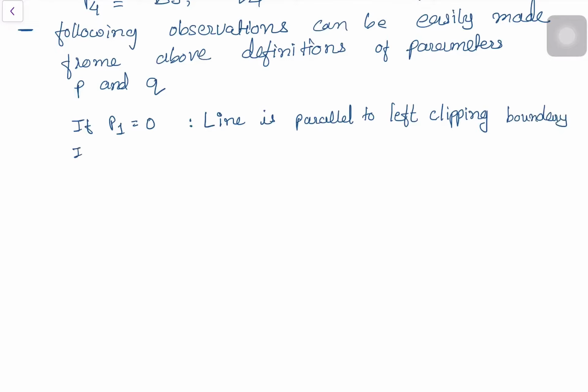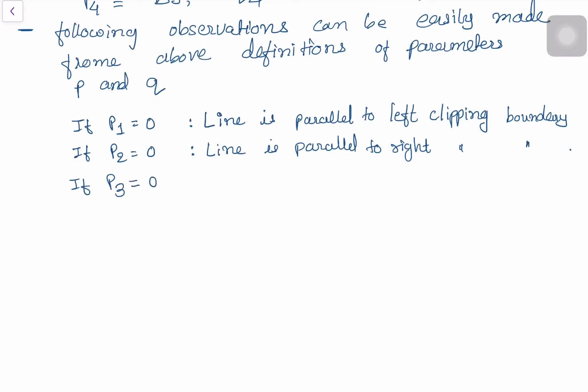If p2 is equal to 0, then the line is parallel to the right clipping boundary. If p3 is equal to 0, then the line is parallel to the bottom clipping boundary.